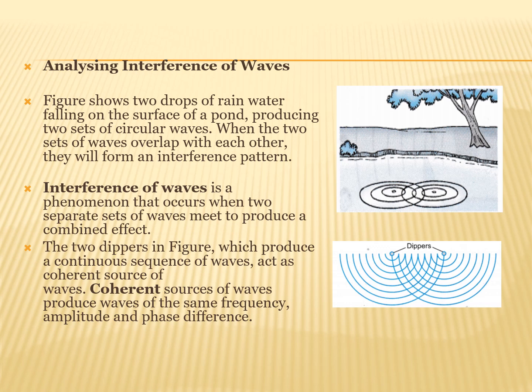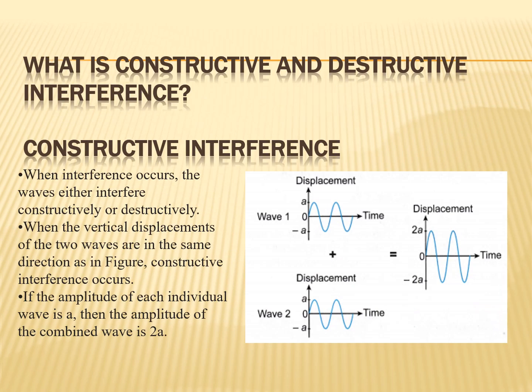And we can observe here, from the two source points the waves are generated and moving in the forward direction will overlap and interfere. When interference occurs, the waves either interfere constructively or destructively.